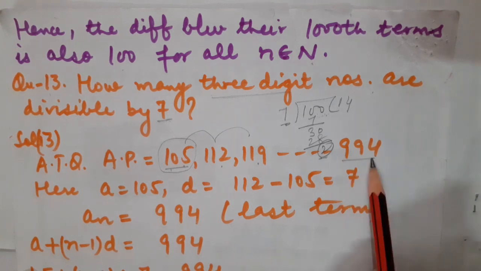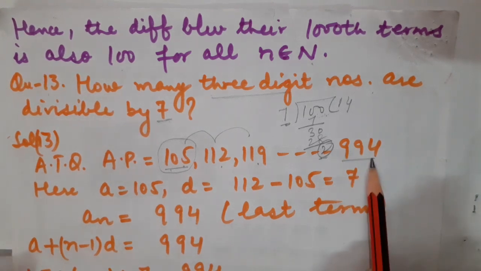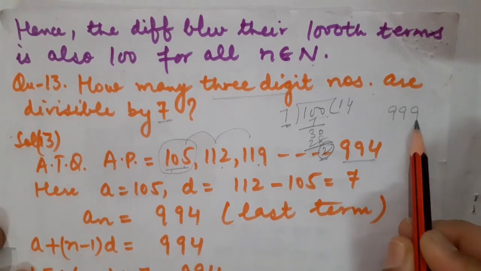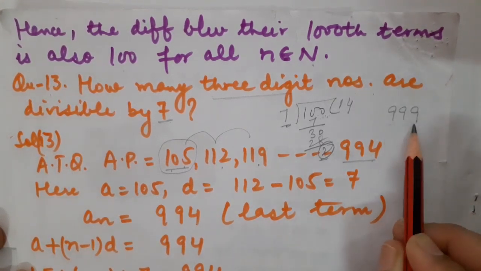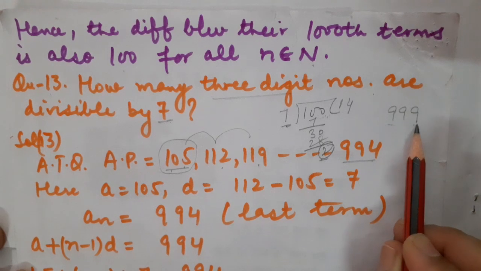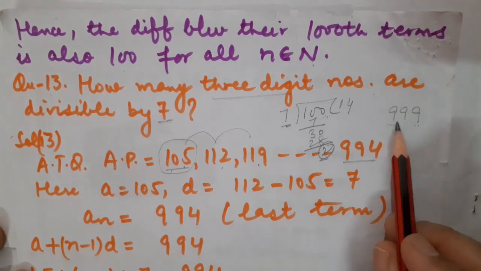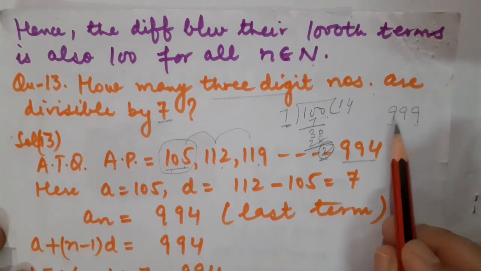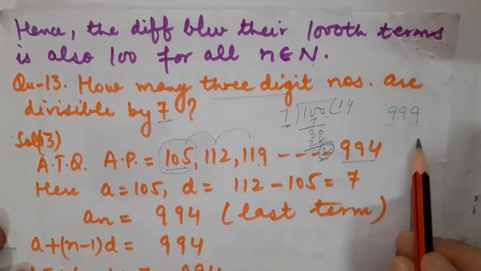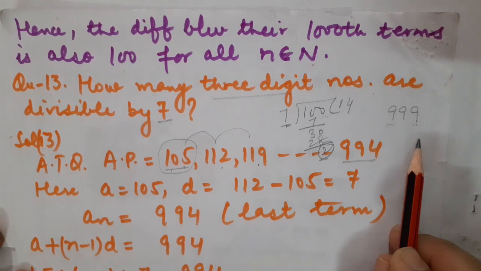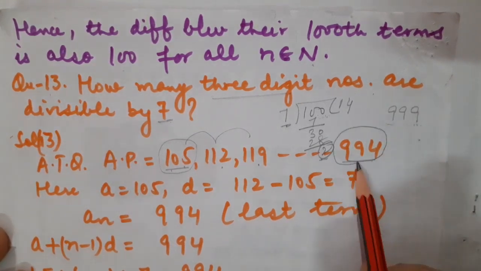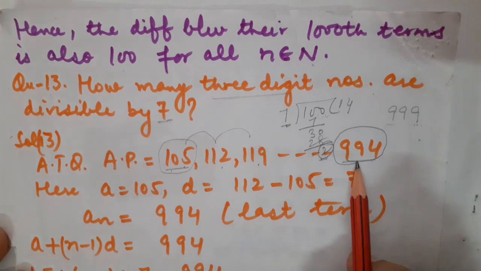As we have to reach the last 3-digit number also, the last 3-digit number is 999. But when you divide it by 7, it is not exactly divisible. So then you check 998, 997, 996, 995. In each case you get some remainder. But 994 is exactly divisible by 7.